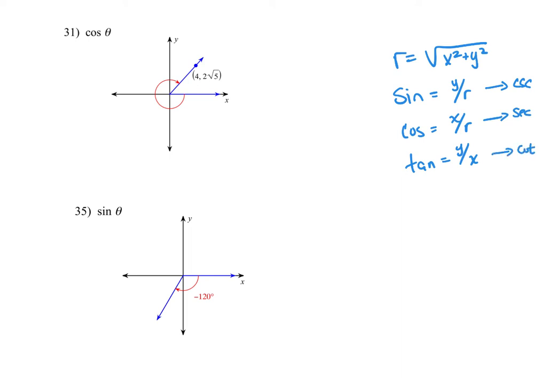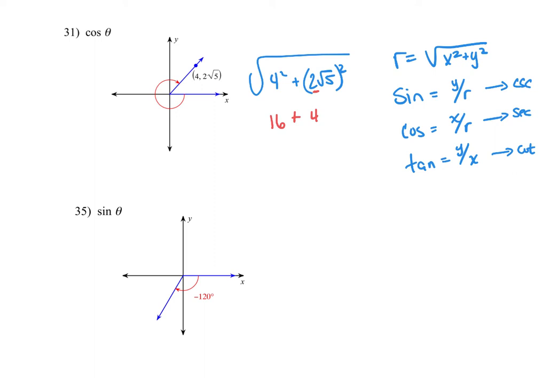All right. So they're asking for cosine. They want x over your r, right? So you're going to say 4 squared plus the square root of 20 squared, and take the square root. 4 squared is 16. When you square this, it's just this guy squared, that's not a plus sign.